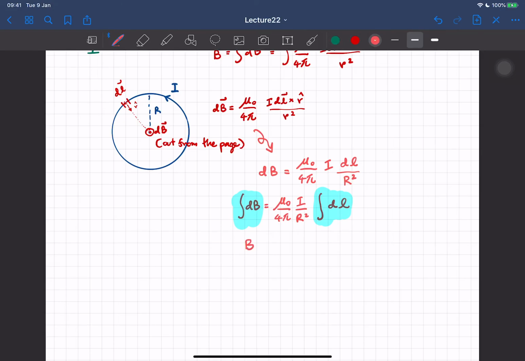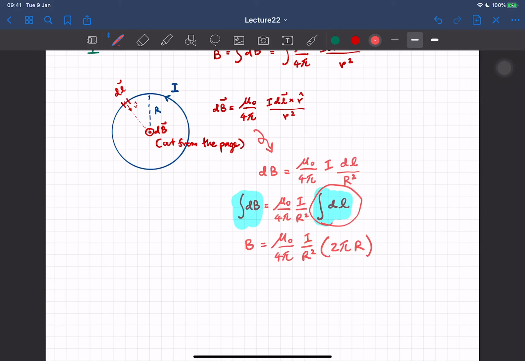So the total magnetic field, or the total magnitude of the magnetic field, is mu 0 divided by 4 pi times I divided by r squared. And then the integral of this is just adding up all sections along the circumference of this circle. It's just adding up the length, which is easy because it's just the length of the total circumference, which is 2 pi r.